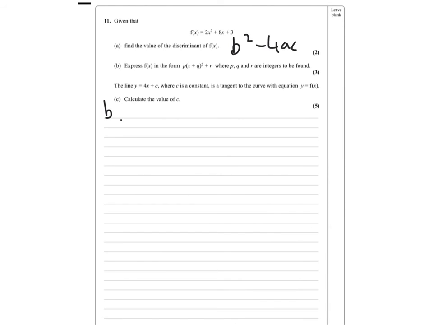So part B. Now, it says express that in the form. Now, the key to this is to take out a factor of 2 initially, because it's not very nice trying to do this. So you get 2x squared plus 4x, right, plus 3, like that. So I've taken out a factor of 2 from the first bit with the x squared and the x.